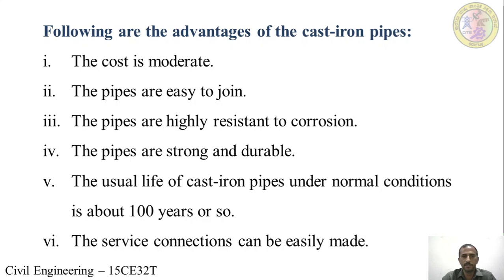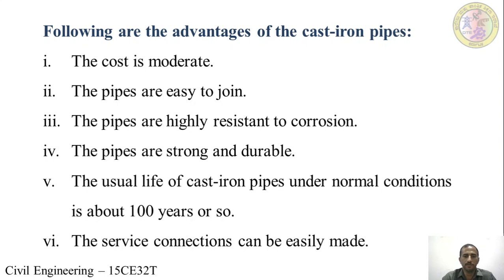These pipes are easy to join by socket and spigot joint, flanged joint, or by flexible joint. These pipes are highly resistant to corrosion. Because of their higher carbon content, they are strong and durable.